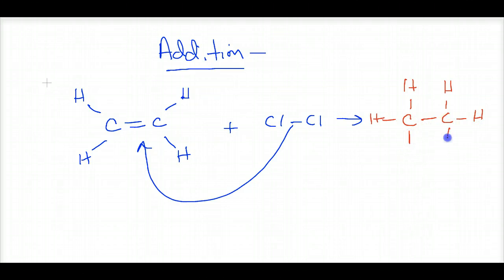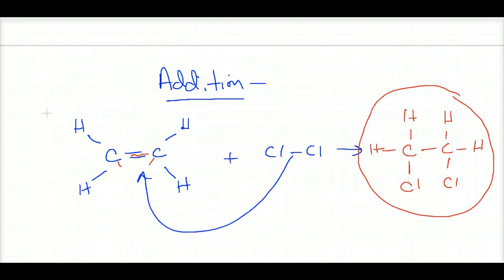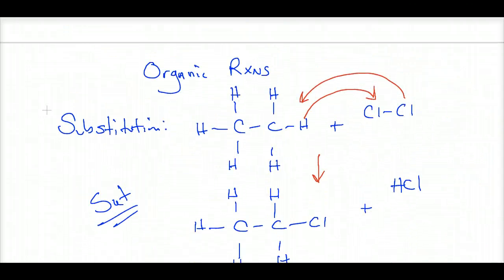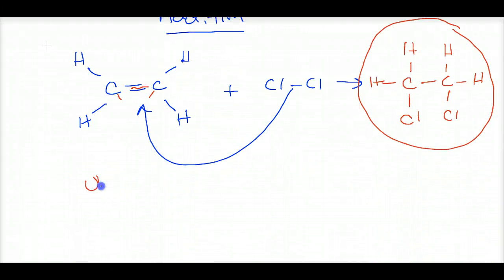But here's the key: the 2 chlorines add to 2 different carbons, because once you open this up, each carbon has an initial place for it to go. And notice there's only one product, whereas in a substitution there were two products. Very important, and this of course is an unsaturated hydrocarbon.